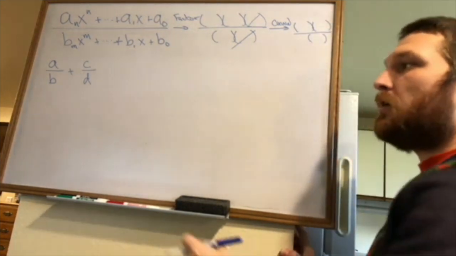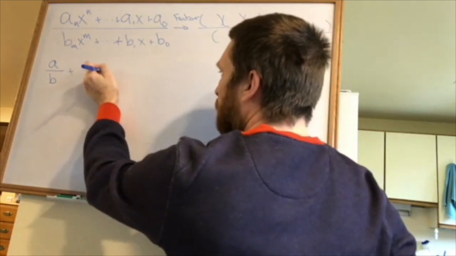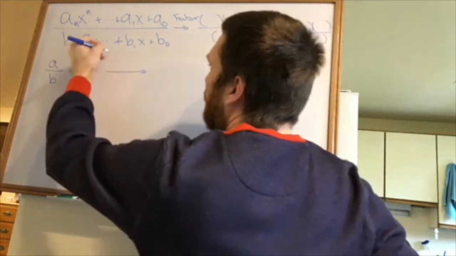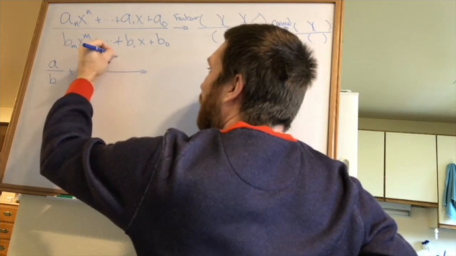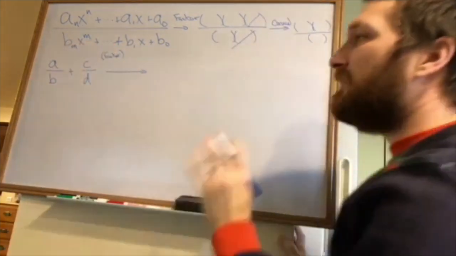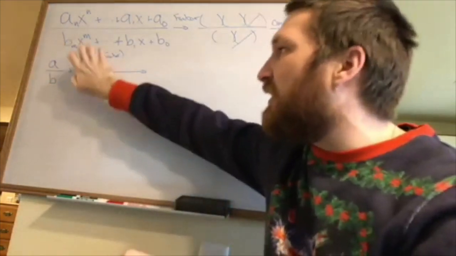Okay, so in this case, what we do, I'm going to put it in parentheses, factor, because usually life is much easier if you've taken a polynomial and factored it first.